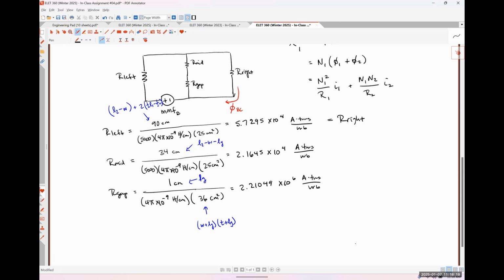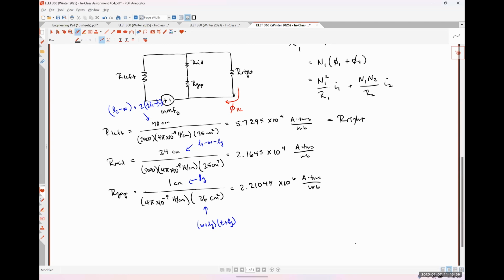I'm trying to decide if that would be a current division thing, which would definitely be one way to do it, or a voltage division and Ohm's law kind of thing. This is the problem with circuits: there's always more than one way to do things. So let's talk our way through this really quickly.